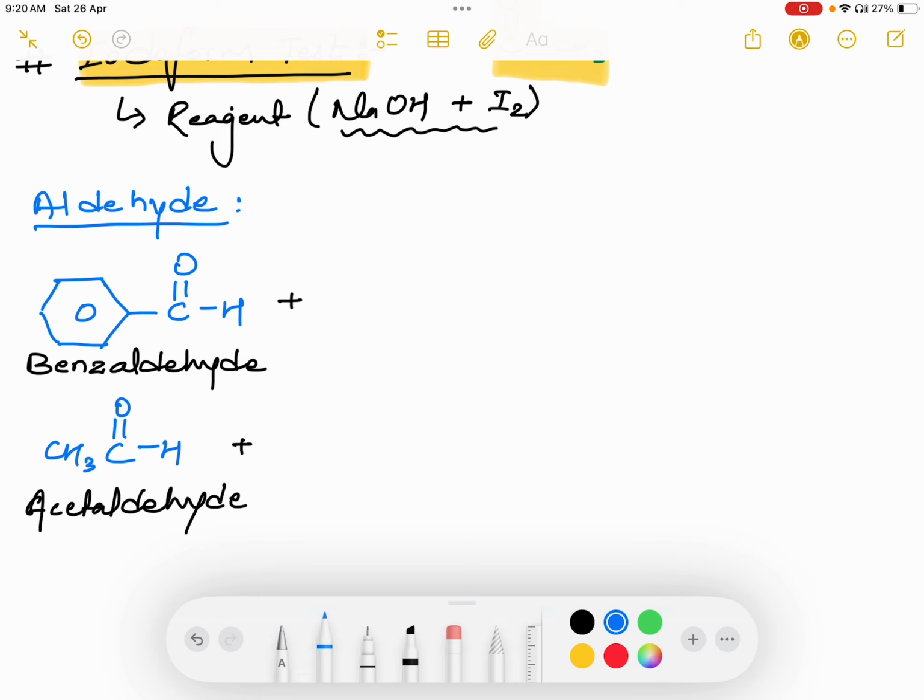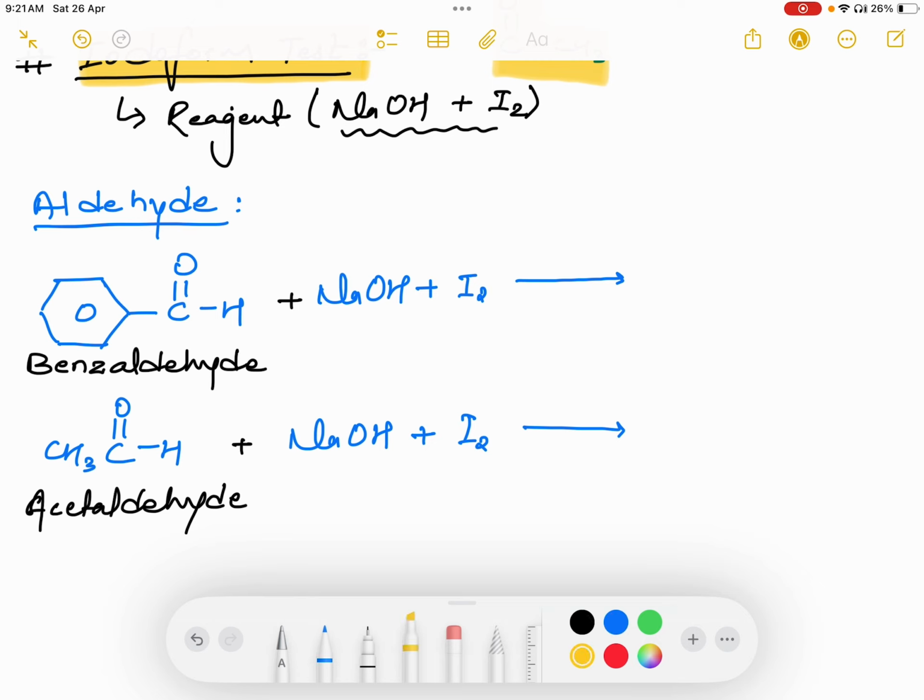Now what will happen is that both will be treated with NaOH and I2, or alkaline iodine solution. What I already mentioned is that the carbonyl carbon must be attached with a CH3 group. In acetaldehyde you can see the carbonyl carbon is attached with the CH3 group.